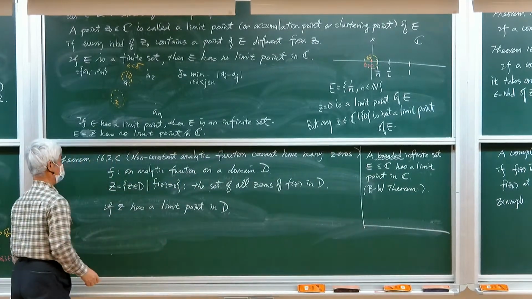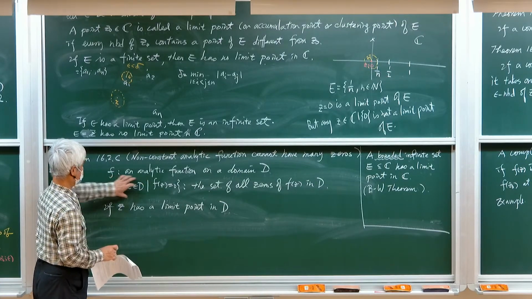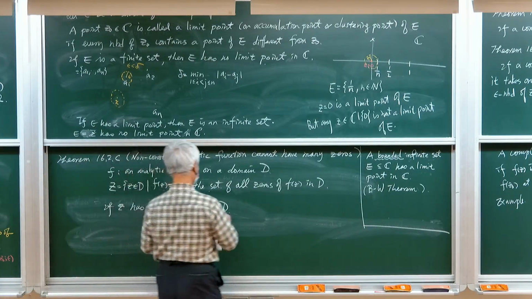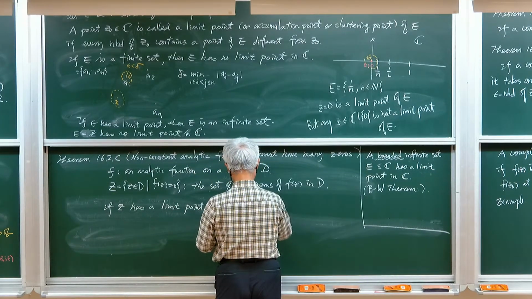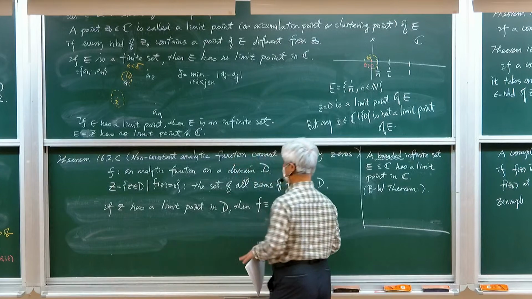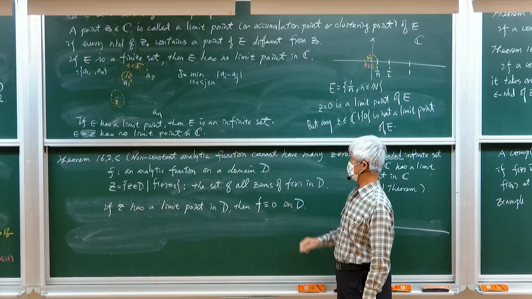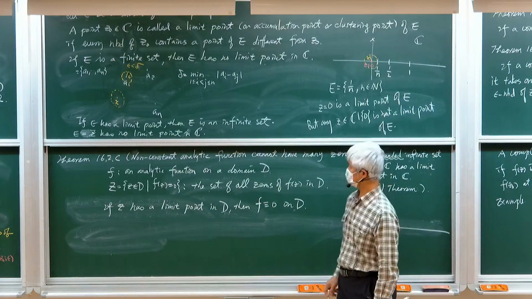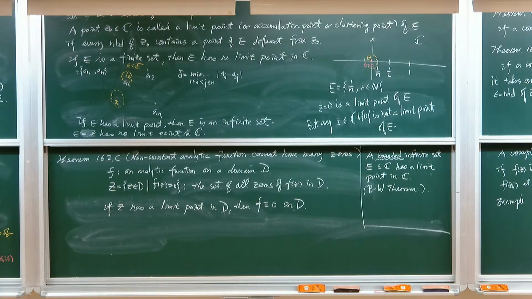All right. So if this set has a limit point, which means that Z is an infinite set, then F, okay, then the function is 0. It's the all-0 function on this domain. So you compare with this theorem.